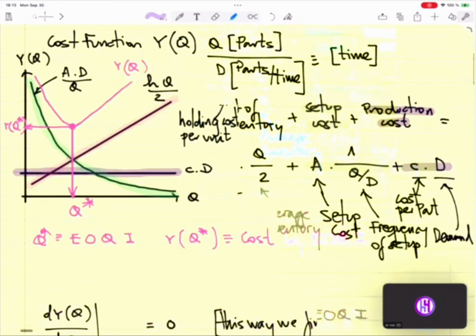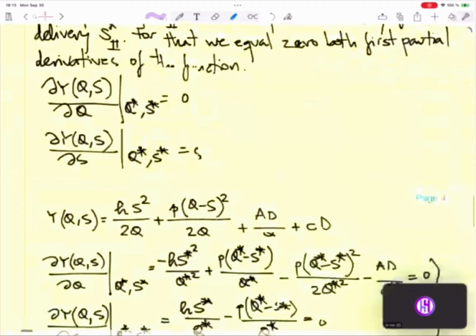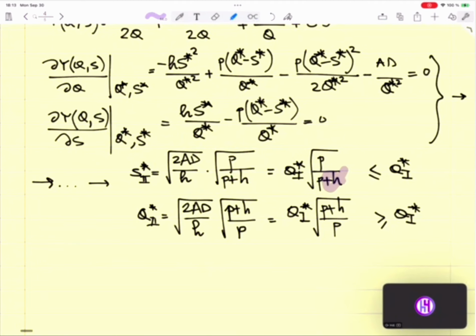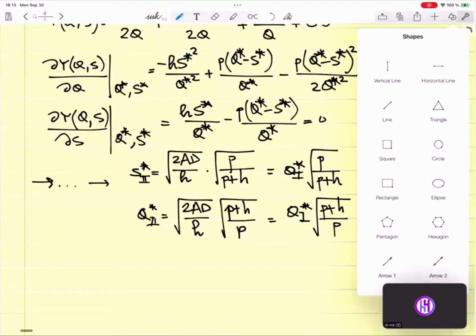If it doesn't cost any money to retain inventory, so if H equals 0, then you have that the two quantities are equal in both models, okay? This is also an important insight.